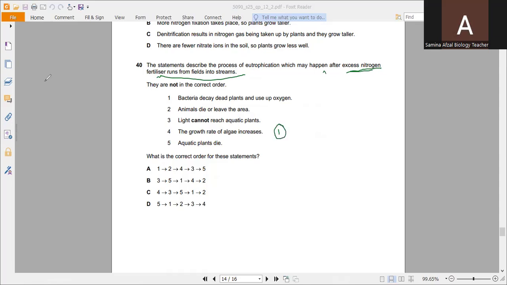Then, due to the increase in algae growth, the light cannot reach aquatic plants, due to which the aquatic plants die. And then the bacteria decay the dead plants and use up the oxygen.